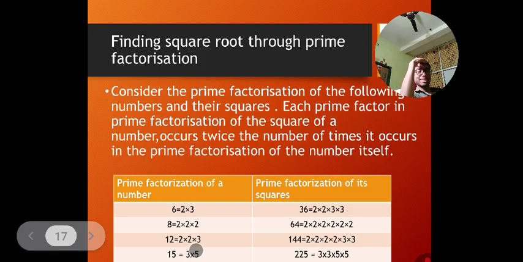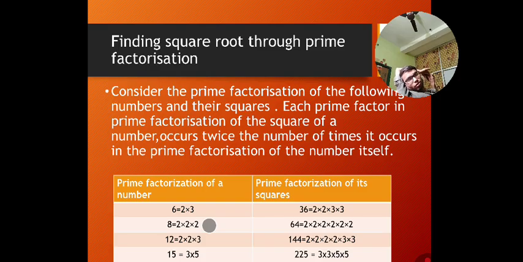What is it saying? Prime factorization of a number. Here we have 6 is equal to 2 multiplied by 3. This is what a prime factorization is. First of all, we will take 2, then we will take 3, then 4, 5.